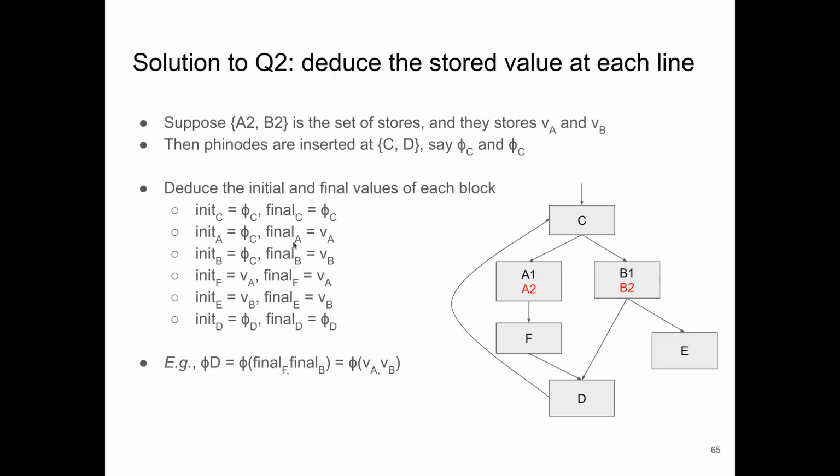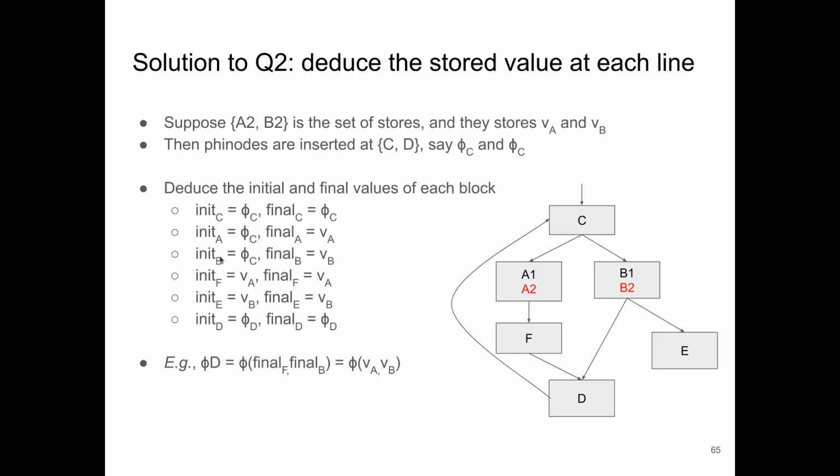But something is different for the final value. The final value stored in the location at A should be VA, because A2 stores VA to the location.